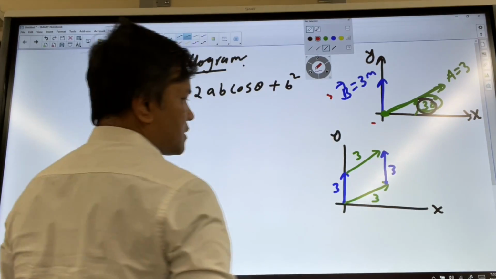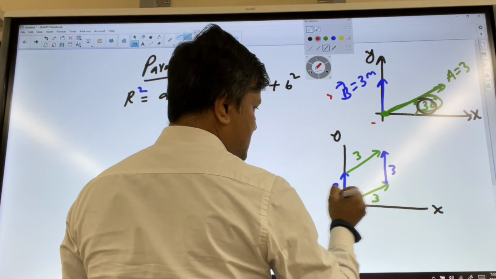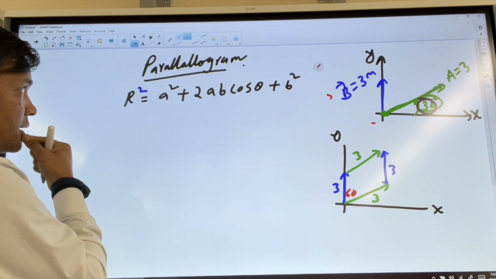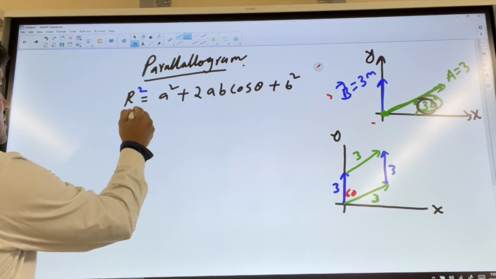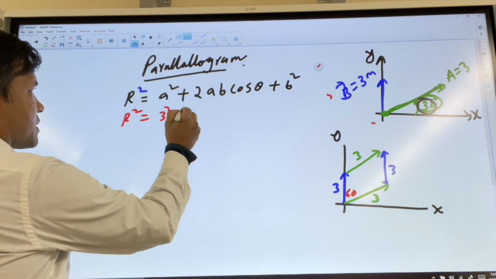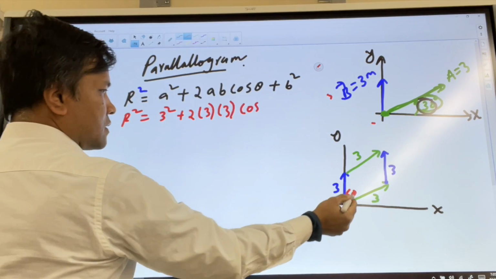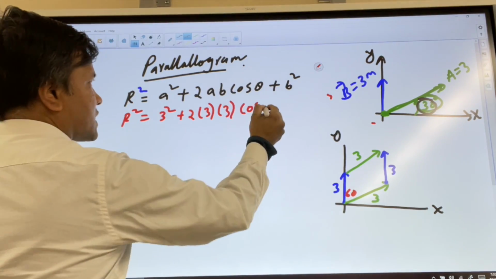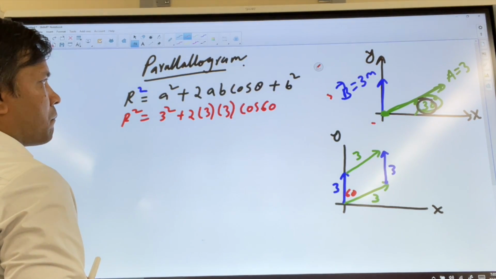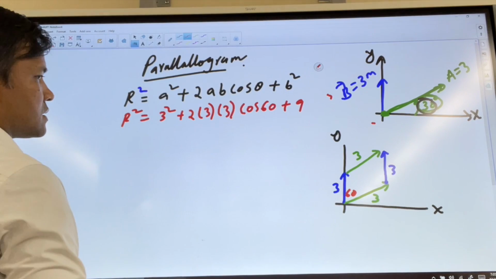All right, so let's see, if this is 30 degrees, this one should be 60 degrees, is that right? Okay. Now r squared is equal to a squared, which is 3 squared, plus 2 times 3 times 3 times cosine 60, plus b squared, which is 9. Okay, good.